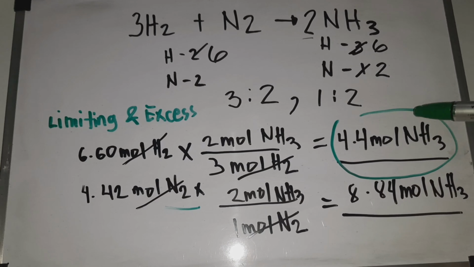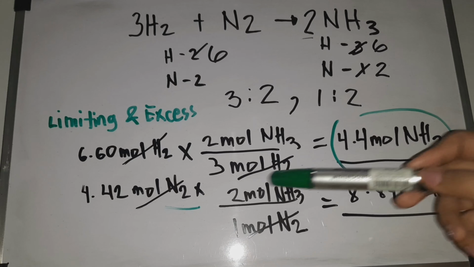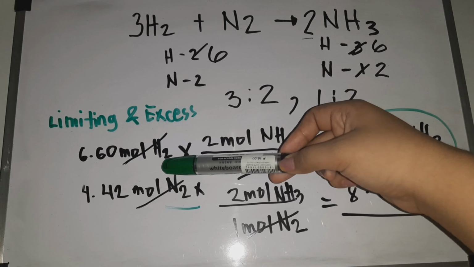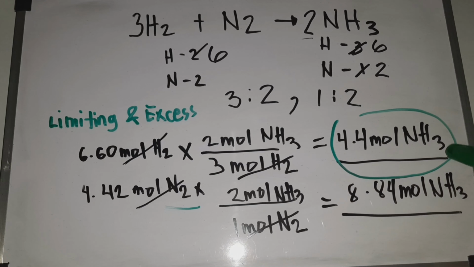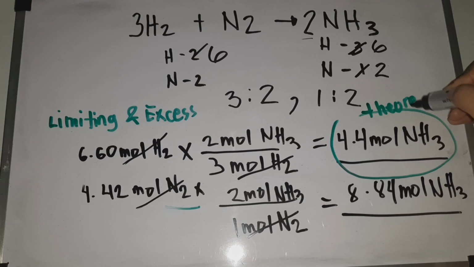Okay, so here in the solution, we can now say that the product of the limiting reagent is our theoretical yield.